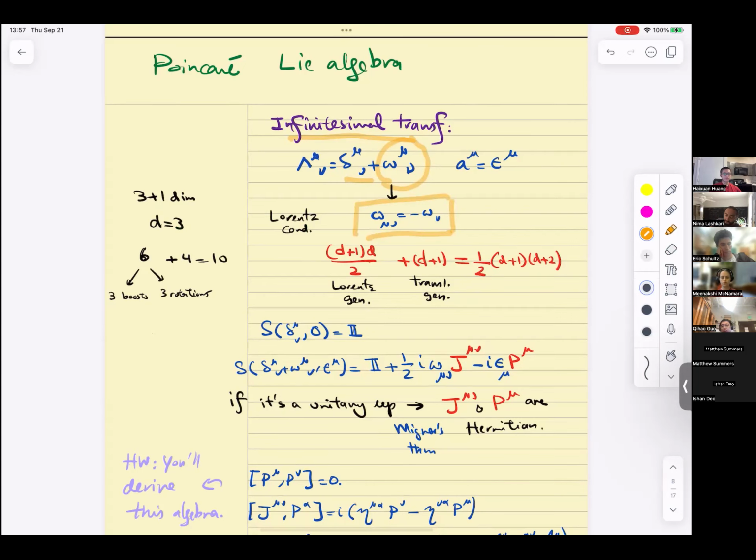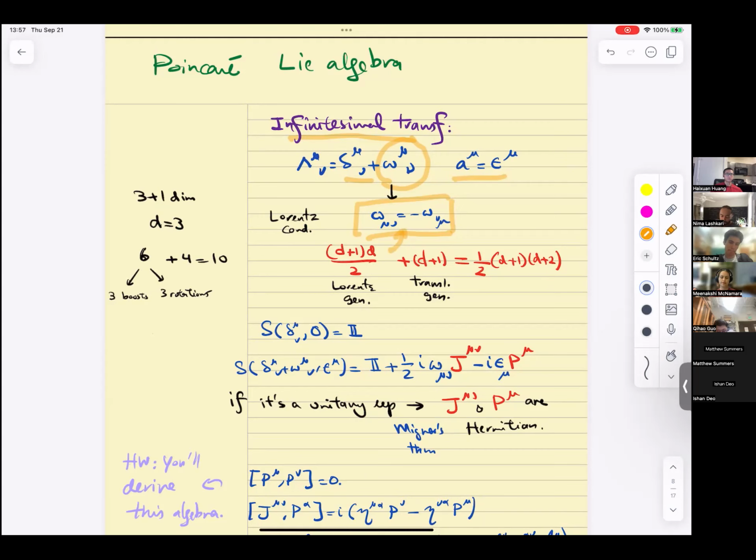We discussed earlier, in special relativity, that this is anti-symmetric. And then infinitesimal translations are just some epsilon mu vector. This is a D plus 1 times D plus 1 anti-symmetric real matrix.